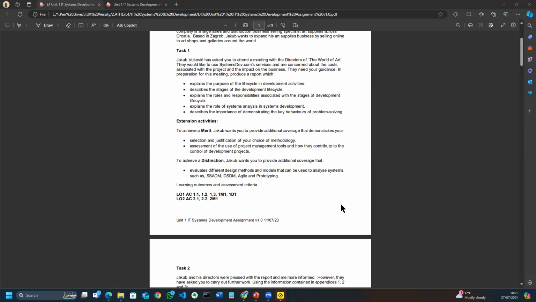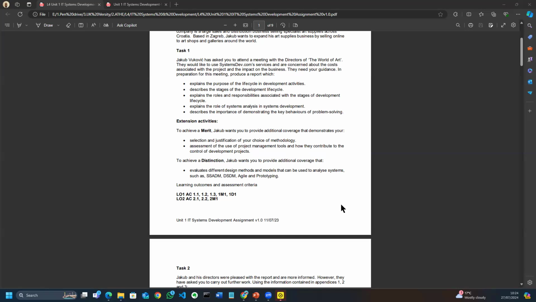So produce a report which has to explain the purpose of the system development activities, describe the stages of the development life cycle, explain the roles and responsibilities associated with the stages of the development life cycle, explain the role of system analysis in system development, and describe the importance of demonstrating the key behaviors of problem solving.